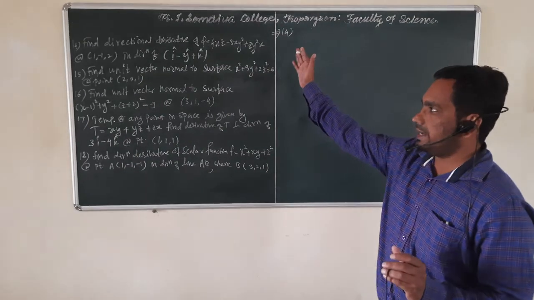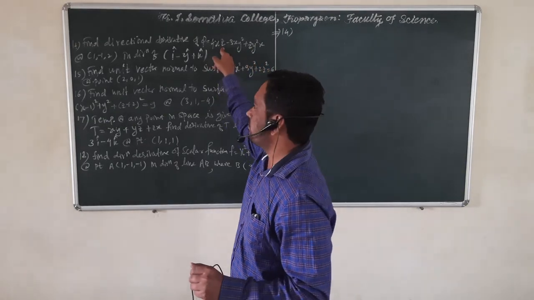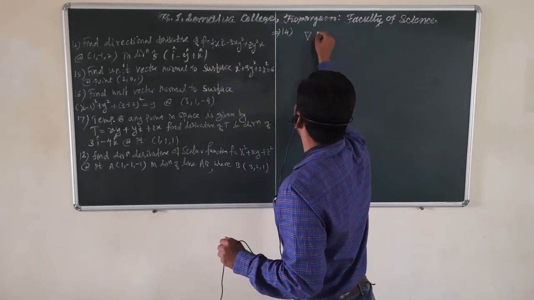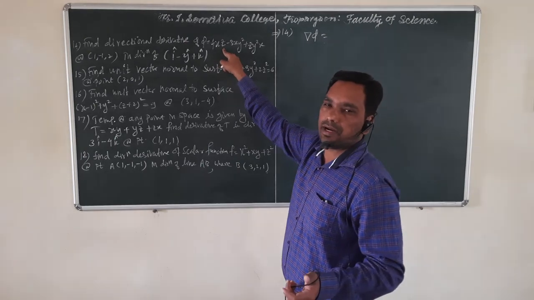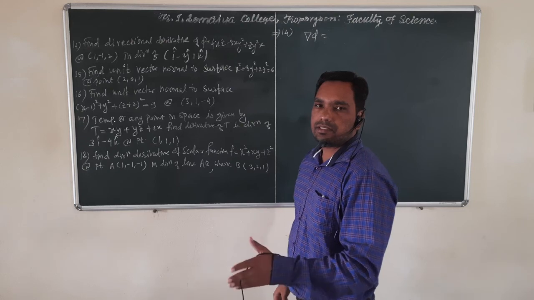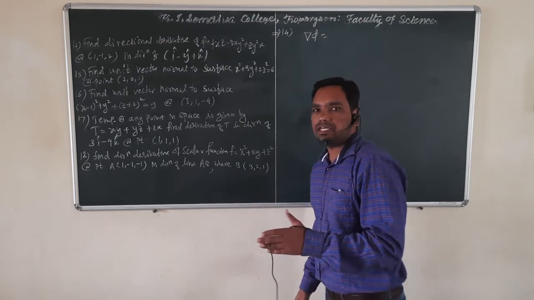So to find the directional derivative, first we have to find the gradient of this function. Phi is given like this. The gradient of phi, from the definition, is ∂phi/∂x into i cap plus ∂phi/∂y into j cap plus ∂phi/∂z into k cap.